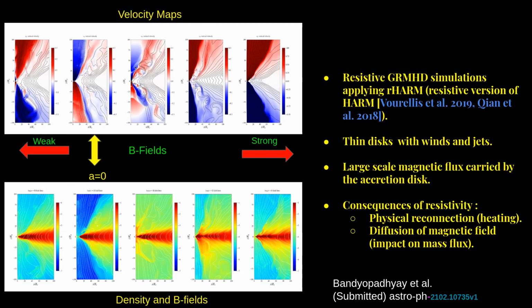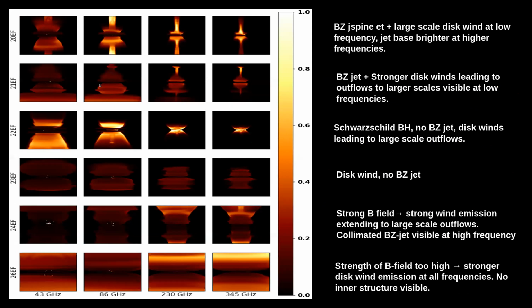So if we post-process them under typical conditions, and look at what happens at different frequencies, for example, in this case, we see the spine BZ jet, and there is also a disk wind, which is more prominent at lower frequencies. In some cases, the spine jet is completely absent, either because, like in this case, it's a Schwarzschild black hole, and we don't expect a BZ jet to be launched.